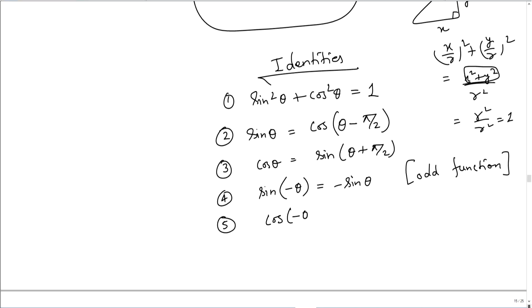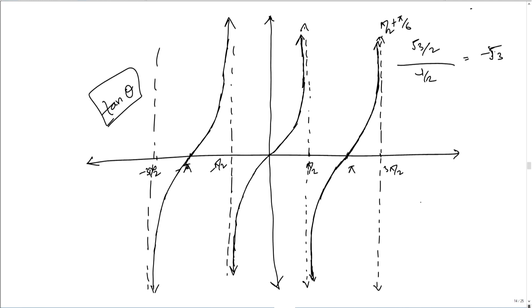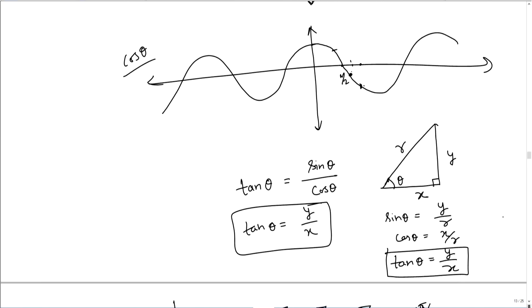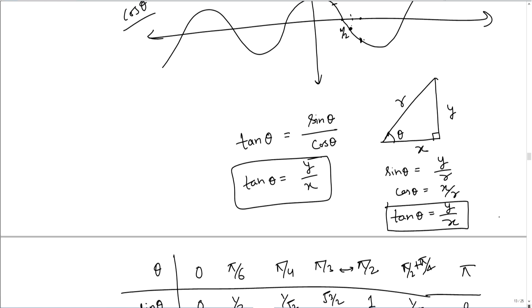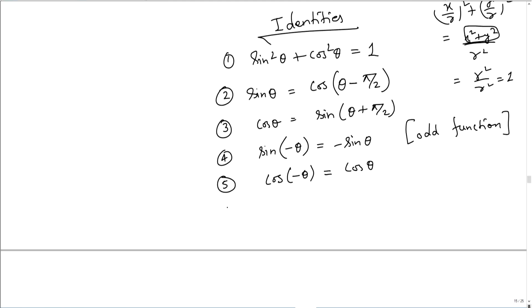If you take cos of minus theta, it gives you back cos theta, and we know why this happens: the graph of cos is symmetric around the y-axis. Whatever values it takes on the right quadrant, it takes exactly the same values on the left quadrant. So it's a mirror image around the y-axis. So these are the identities so far, but there are more.